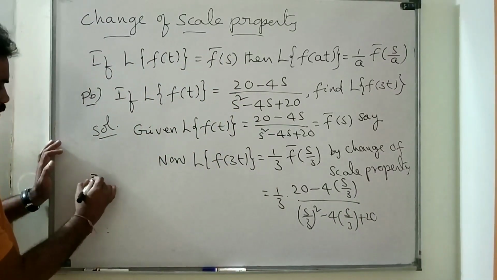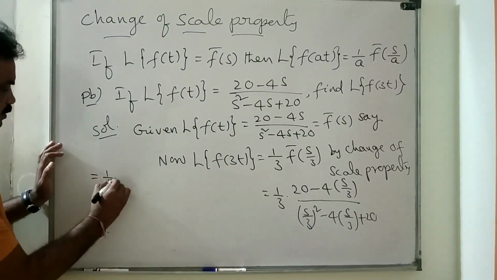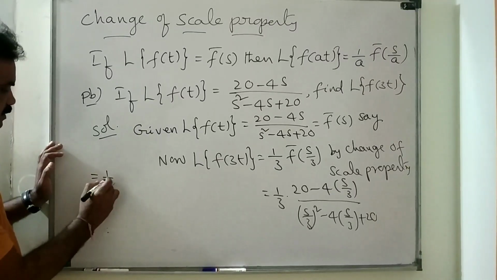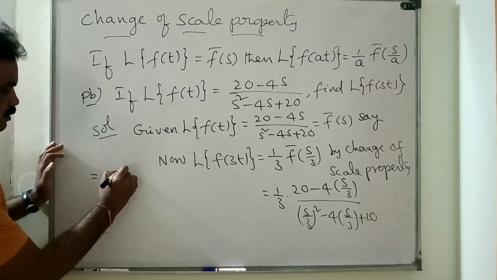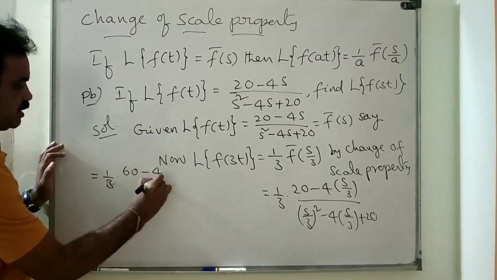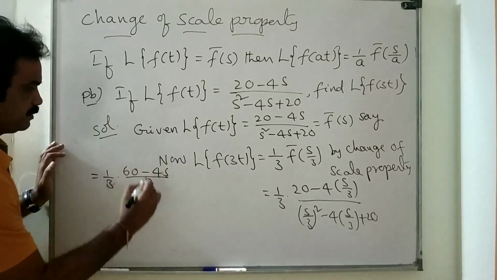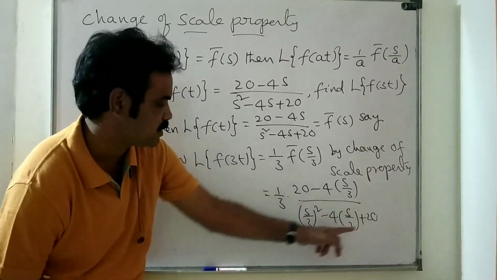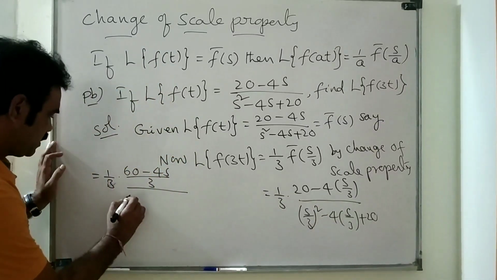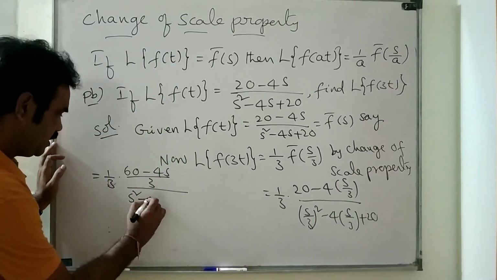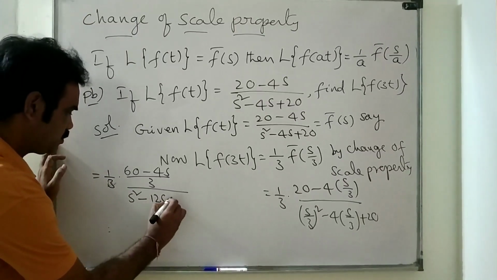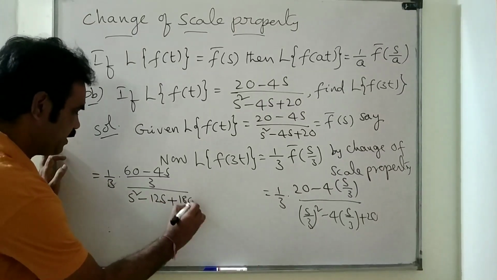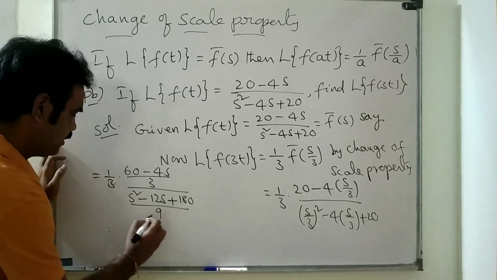That is equal to 1 by 3 into 60 minus 4s by 3, all by s square by 9 minus 4s by 3 plus 20. Here 9 is LCM. This becomes s square minus 12s plus 180, all by 9.